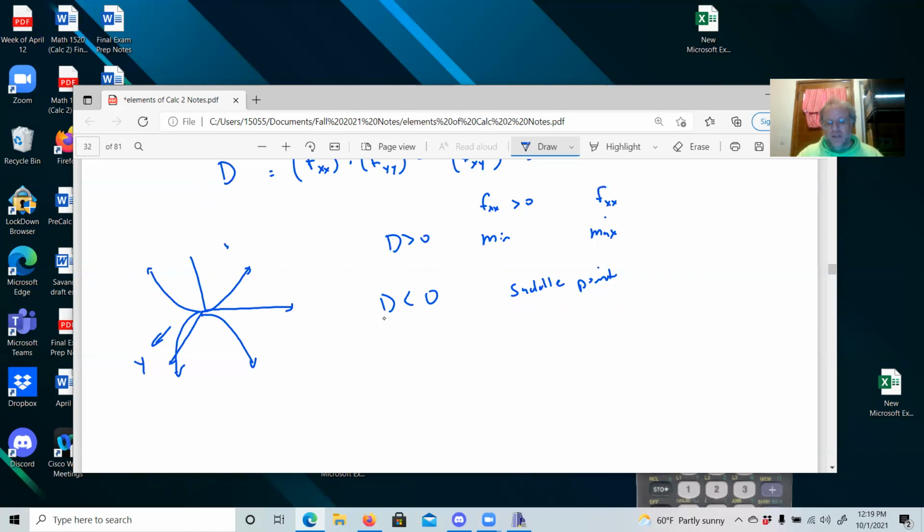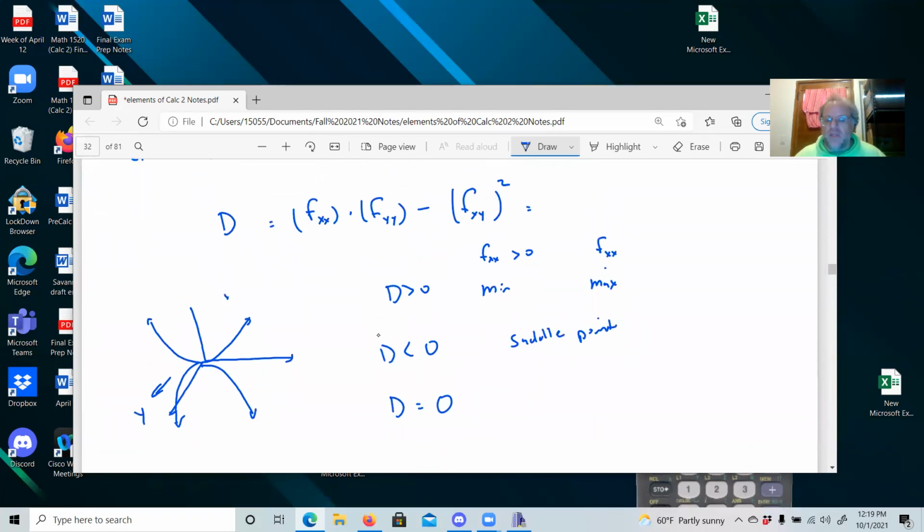But in one direction it's kind of going up, and in the other direction it's a maximum. We call it a saddle point. We don't really call it a min or a maximum. We just call it a saddle point and say, great, have a nice day. If your determinant equals 0, then we don't know what is going on. You have to use other methods. So you're kind of stuck.